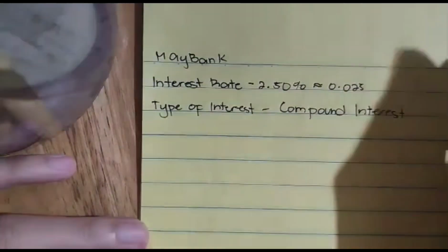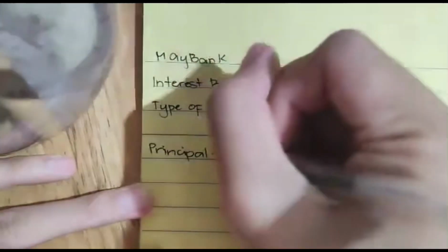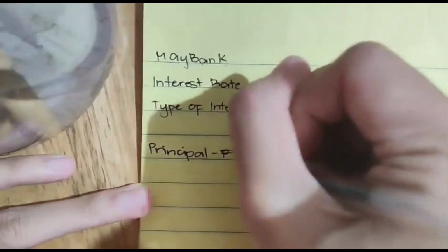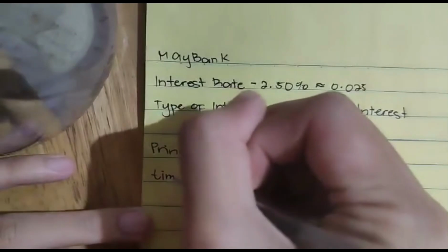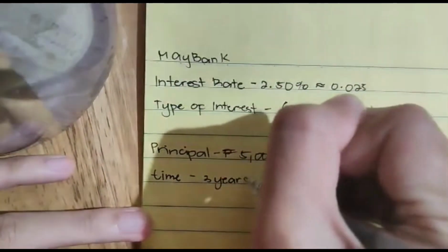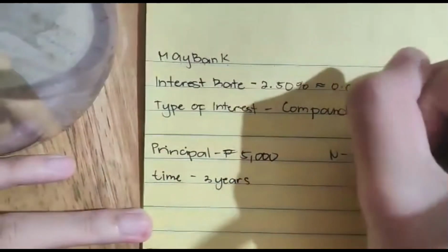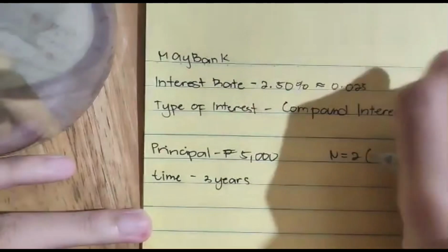The given is principal, that cost is 5,000 pesos. The time that was given is 3 years. The compounded, which is equal to 2, which is semi-annually.